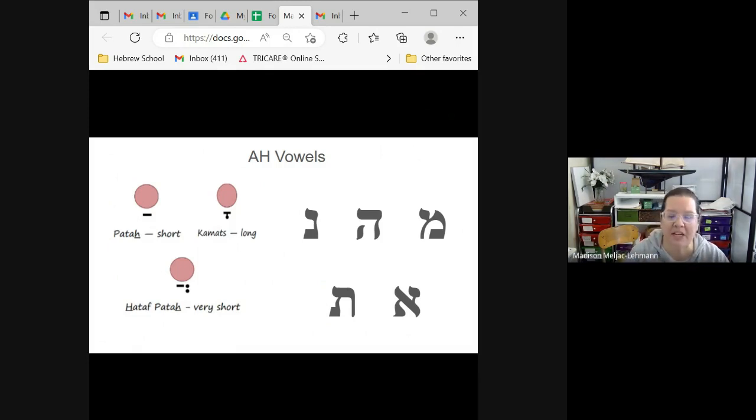So in the beginning, you won't have a developed length. So when we have a mem here and we're going to add the kamats, we'd say "ma." Whether you say "ma" or a longer "ma," we don't really hear that very much until we add other letters and until we develop more of a sense of how we're speaking.